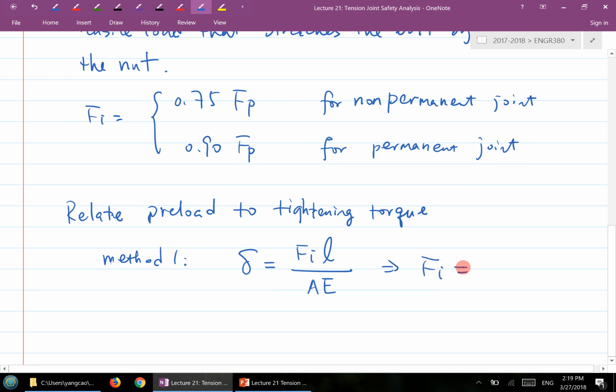If I calculate Fi based on a certain proof load Fp, I can plug it in here and get a delta equal to some value, which means you need to crank the nut and elongate the bolt by this small offset. Does that make sense?